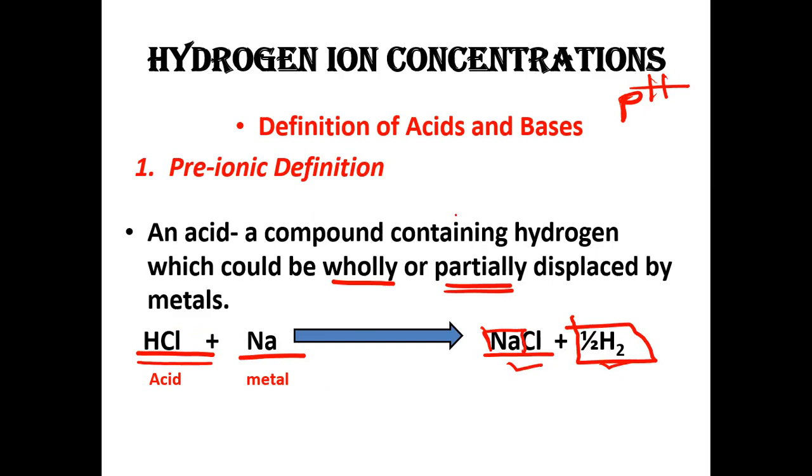Let's take another example. Let's look at a reaction between carbonic acid and a sodium metal. And what is going to happen is that because there's only one mole of the sodium metal here, we can't displace all the hydrogens in here. So we are going to have a compound like this.